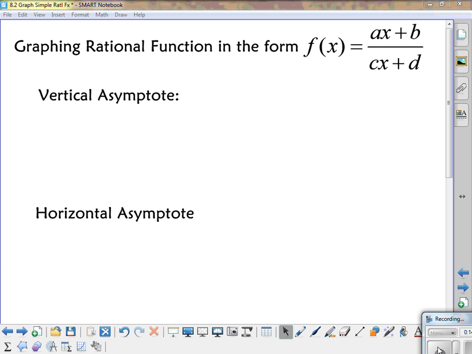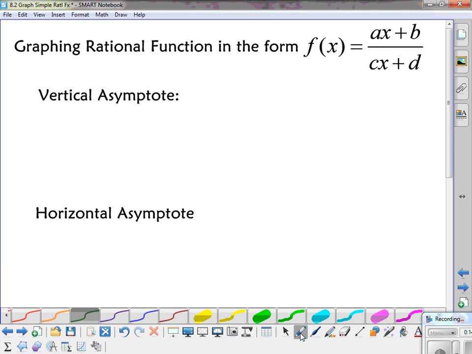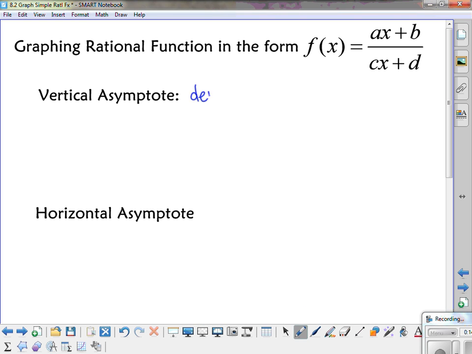So my vertical asymptote always happens because my denominator cannot equal 0. That's the case whether it's in HK form or whether it's just a polynomial over a polynomial. You can always set the denominator equal to 0 and get your vertical asymptote.